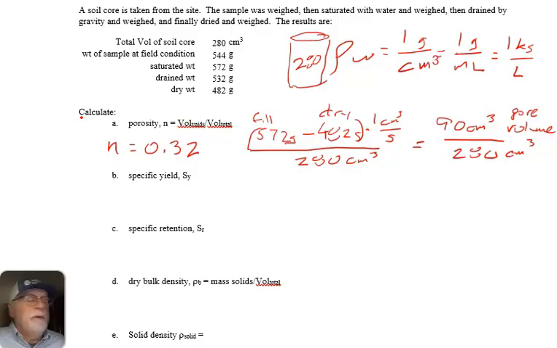To get the specific yield, I'm going to take it when it's all full, again 572, minus the drained weight. So not the dry weight, the drained weight. So it still has some water left in it after I drain it. So it's 532 when drained. Those are in grams. We multiply it by cubic centimeters per gram. And then that's, again, divided by the total.